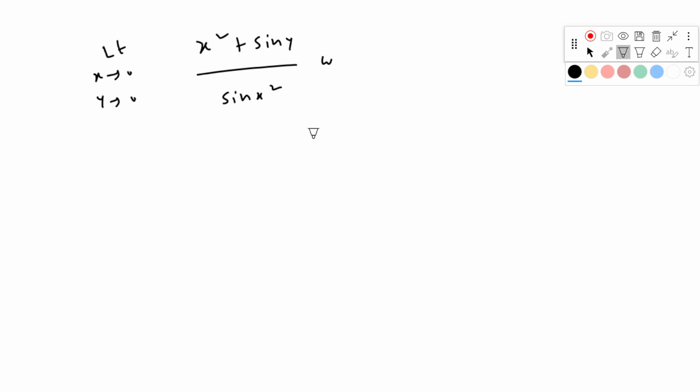When (x, y) tends to 0 comma 0, that means x value is 0 and y value is 0, along the curve given by y equal to x square. Along the curve y equal to x square, the limit is equal to what? This is the question. Options given: option A 0, option B 1, option C 2, option D 3.